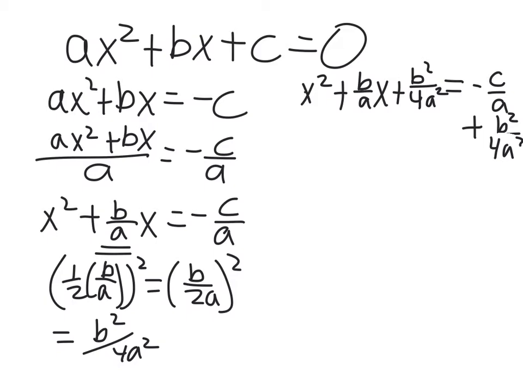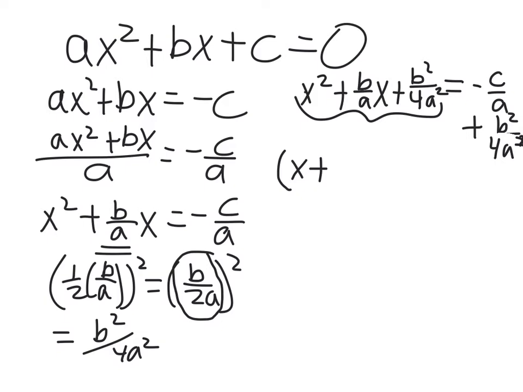Okay. I would have caught that eventually, but I'd have probably been going, why did that not work out? Okay, so now, what's that factor into? As I said earlier, it's always going to factor into x plus whatever we have here before we square it.